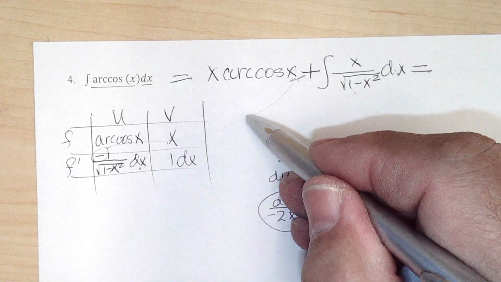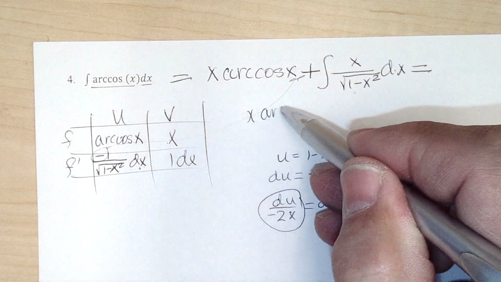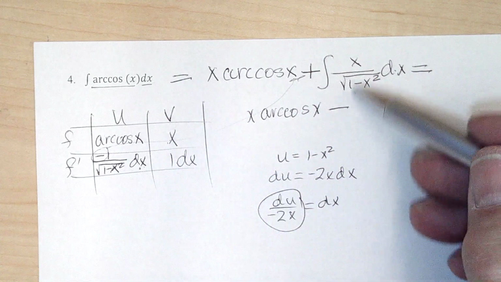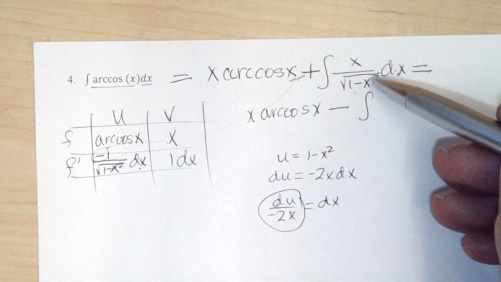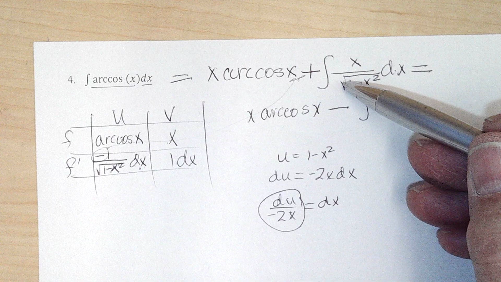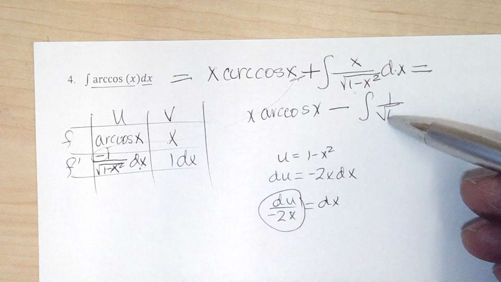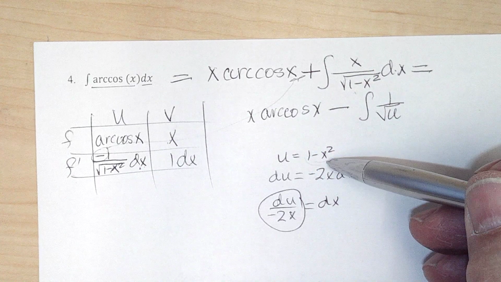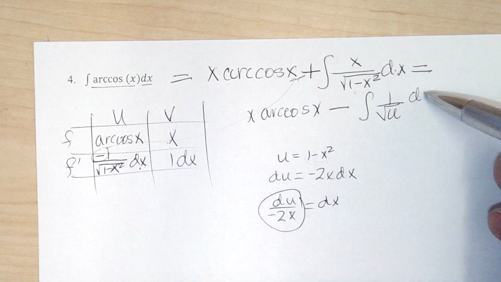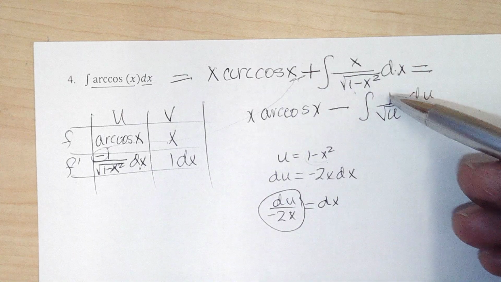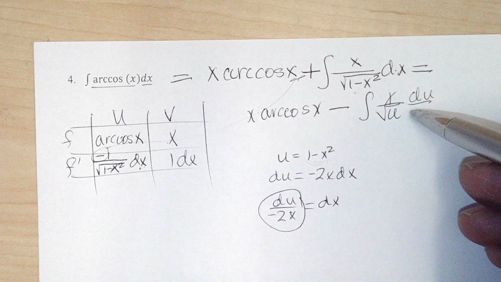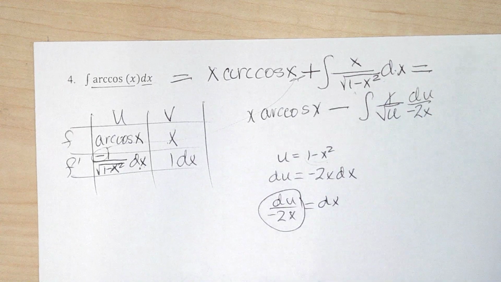So this is going to become x arc cosine x minus the integral of 1 over square root of u, and the dx is du over minus 2x, with the x over the square root.